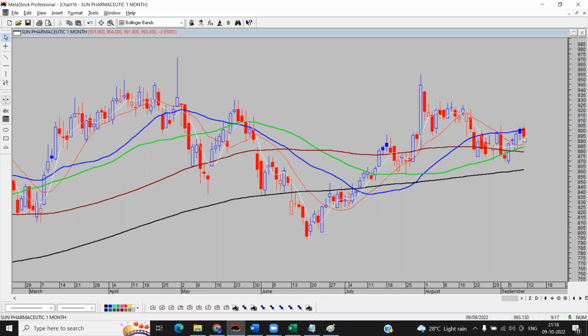But the idea here is, in spite of the red candle, if it so happens that it crosses the high, it can be for any stock, please keep in mind, it becomes a very strong buy. Got it? I'm not saying go and buy Sun Pharma.